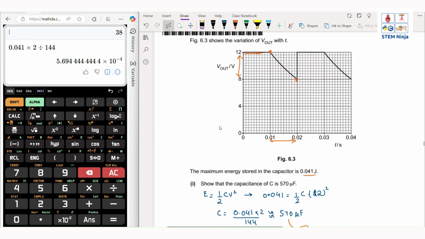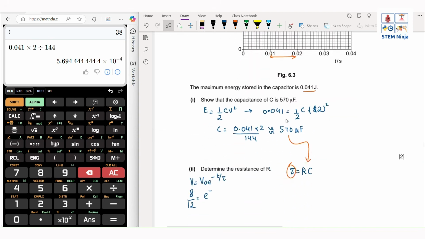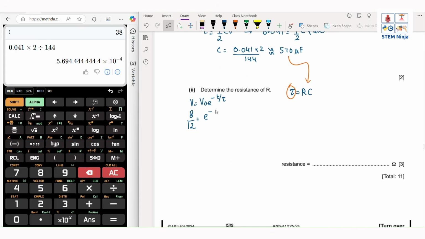The time taken is 0.01 seconds. So we take ln on both sides: ln 8 over 12 equals minus 0.01 over tau. So tau will be equal to minus 0.01 divided by ln 8 over 12, which could also be written as ln 8 minus ln 12.